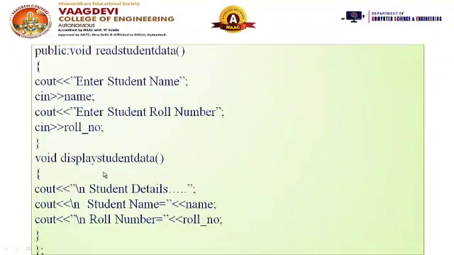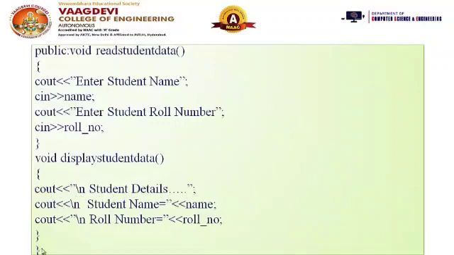Then the control goes to the display student data method definition, and enters into the display student data method. The statement cout will print the data on the monitor by using the cout object.